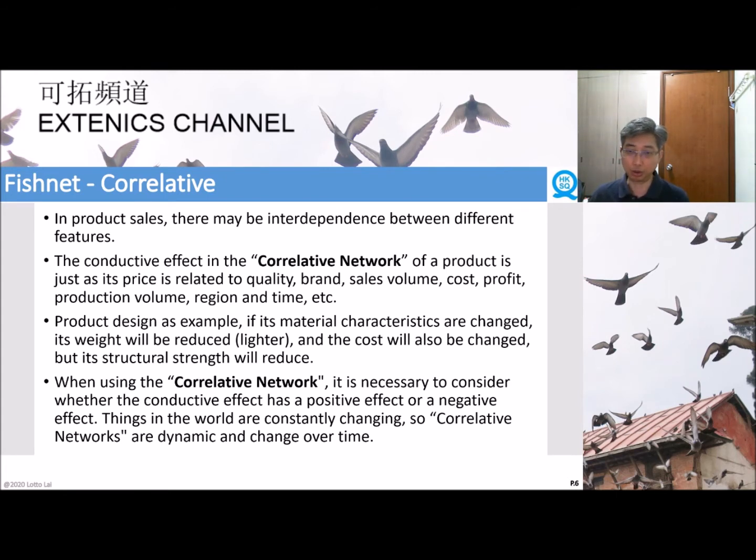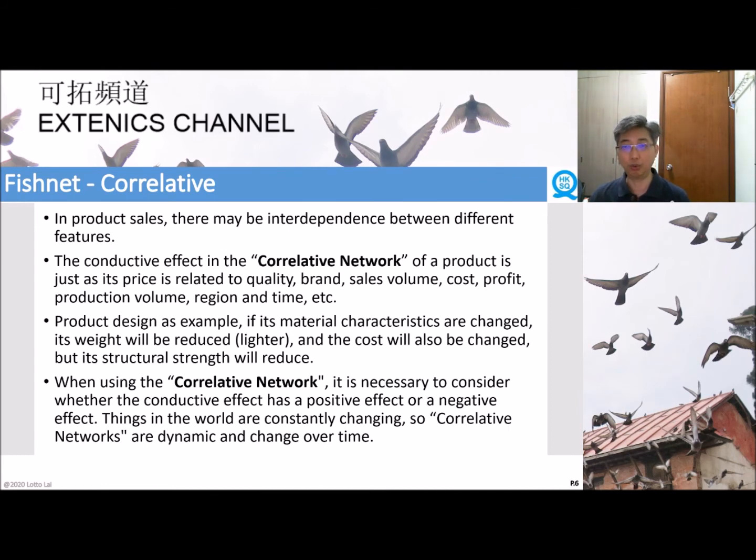When using the correlative network, it is necessary to consider whether the conductive effect has a positive or negative effect. So when you change your product design or try to solve a contradiction problem, you must consider whether the conductive effect is positive or negative.